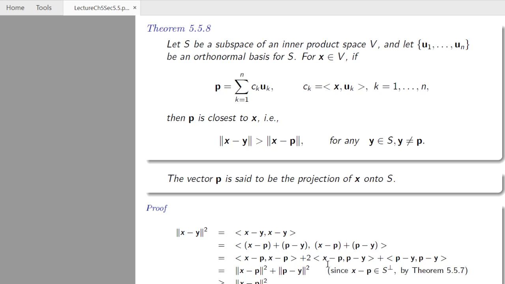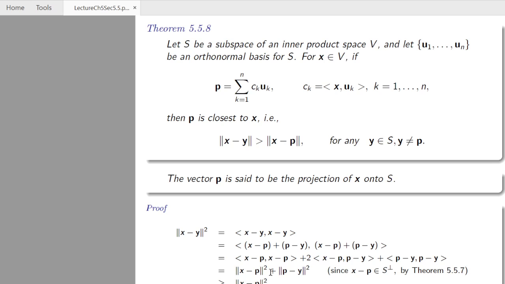The second term here equals 0, because what? Because p belongs to S, y belongs to S, so p minus y belongs to the subspace S. But we proved in the last theorem that x minus p belongs to the orthogonal complement of S, so this inner product equals 0.